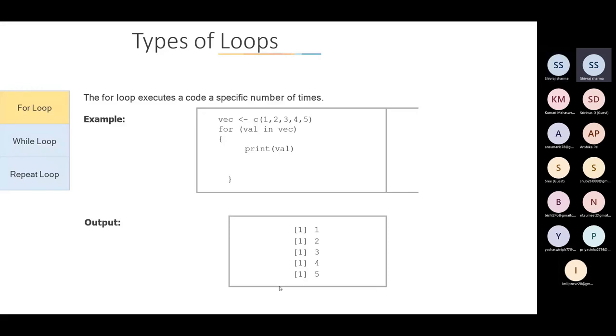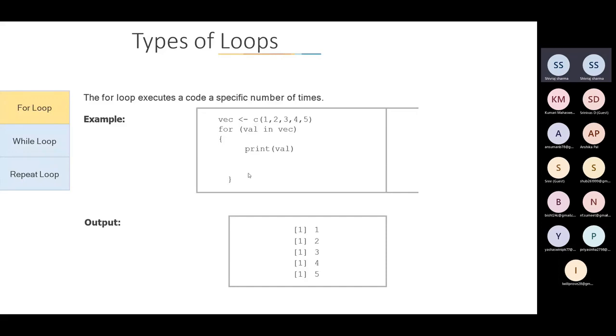Have you done it? Can we move on to the next one? Did you complete the for loop? The for loop repeats a specific number of times. What we mentioned here is a vector value.